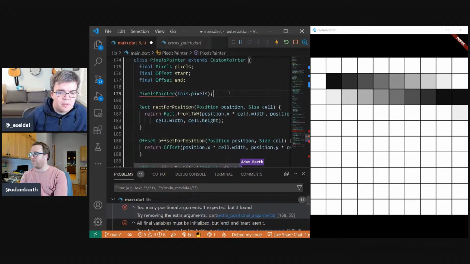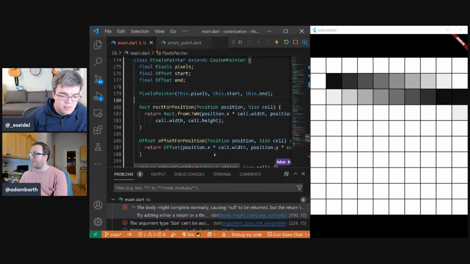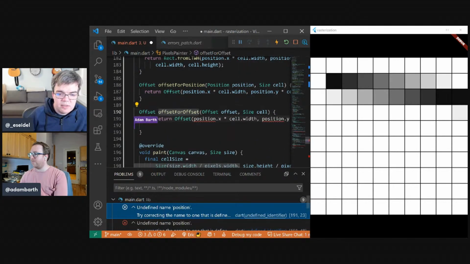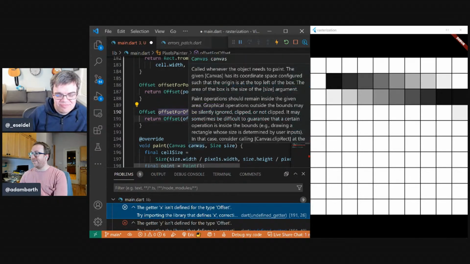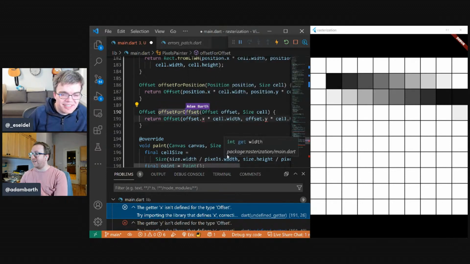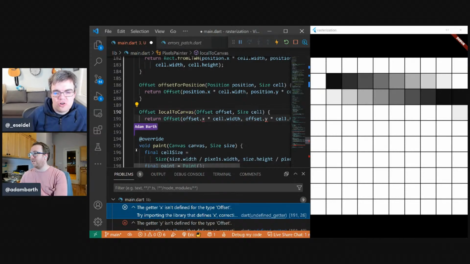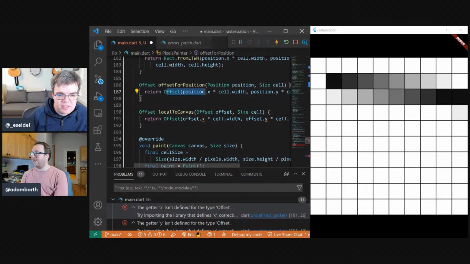Too many. Oh, I see you're doing it. Offset for offset. I mean, what do you want me to call it? Translate to local? I don't know. Like local to canvas. Sure. I guess it's what it's doing. Yeah, that's what all of these are doing.